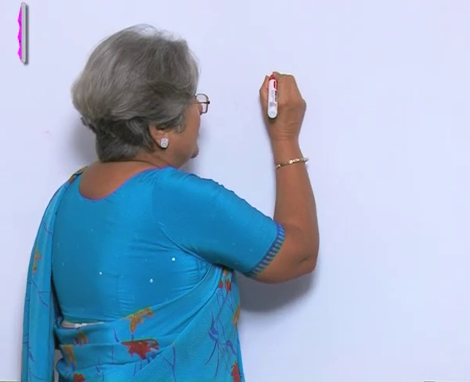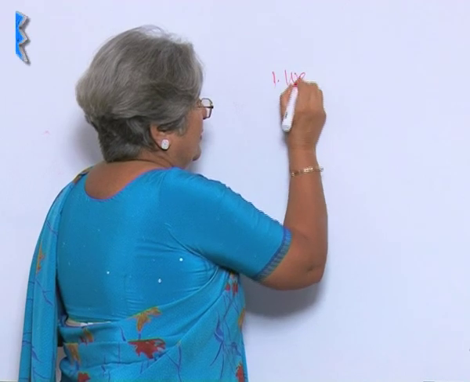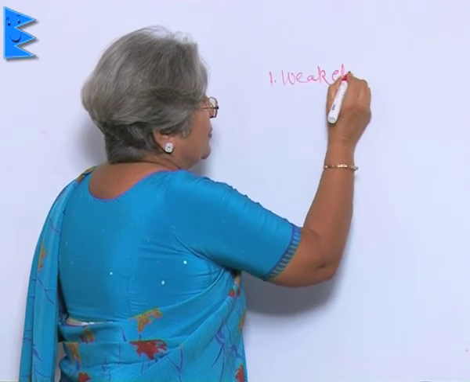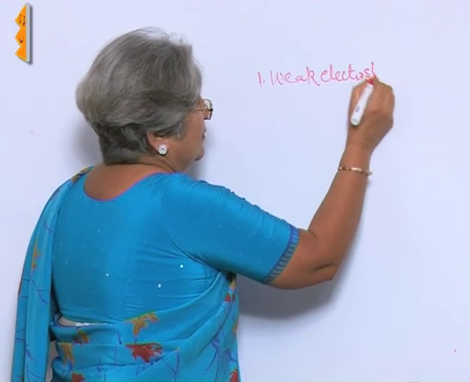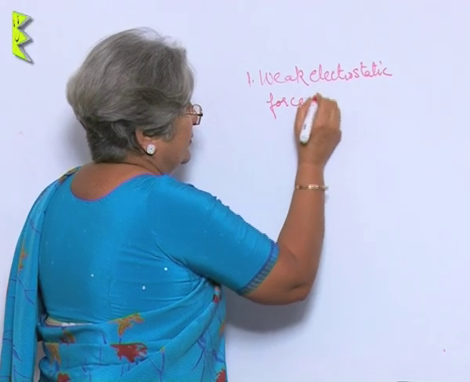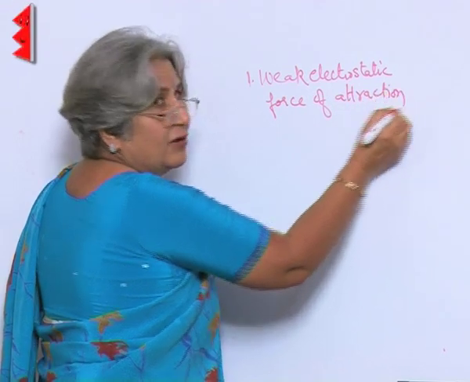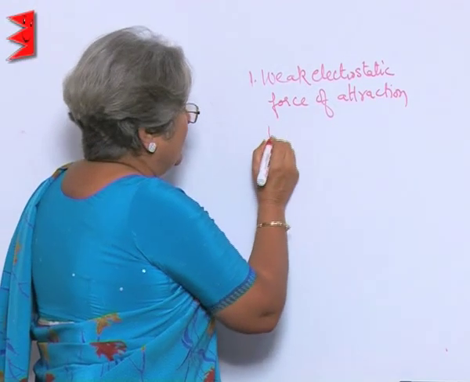So, we can say the first point is weak electrostatic force of attraction. And what is the result of this? Low melting point and boiling point.